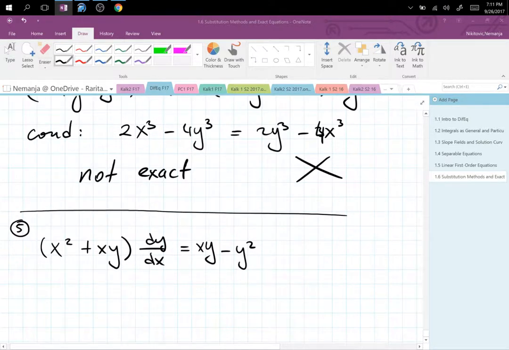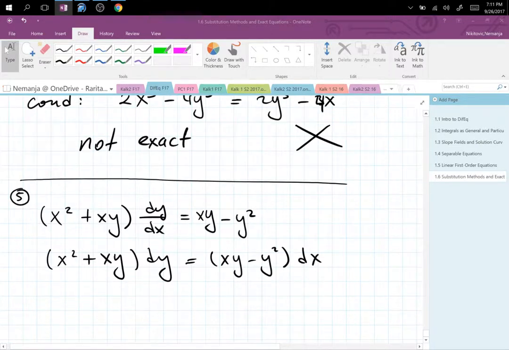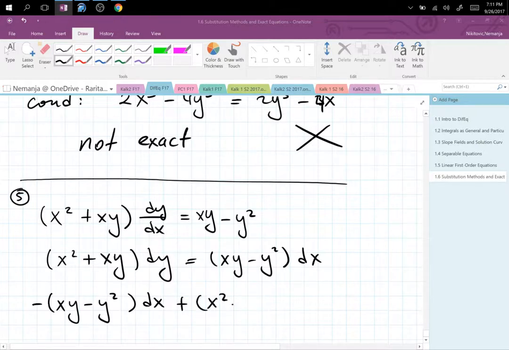Now I move dx to the other side. We get (x squared plus xy) dy is equal to (xy minus y squared) dx. Now we move the dx term to the left-hand side. We get negative (xy minus y squared) dx plus (x squared plus xy) dy equals 0.